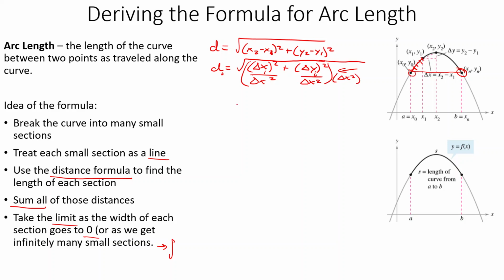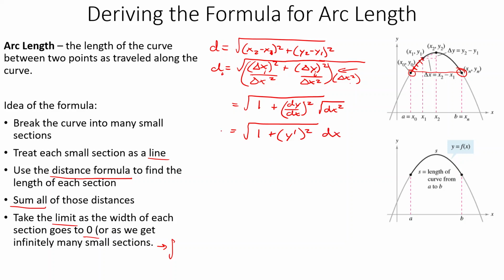So then this first one just becomes 1. Delta y over delta x is essentially dy over dx, and it is squared because they were both squared. And then this little guy, we'll treat as dx instead of delta x, and the square root of dx squared is dx. So what we end up getting is the square root of 1 plus the derivative squared, dx.